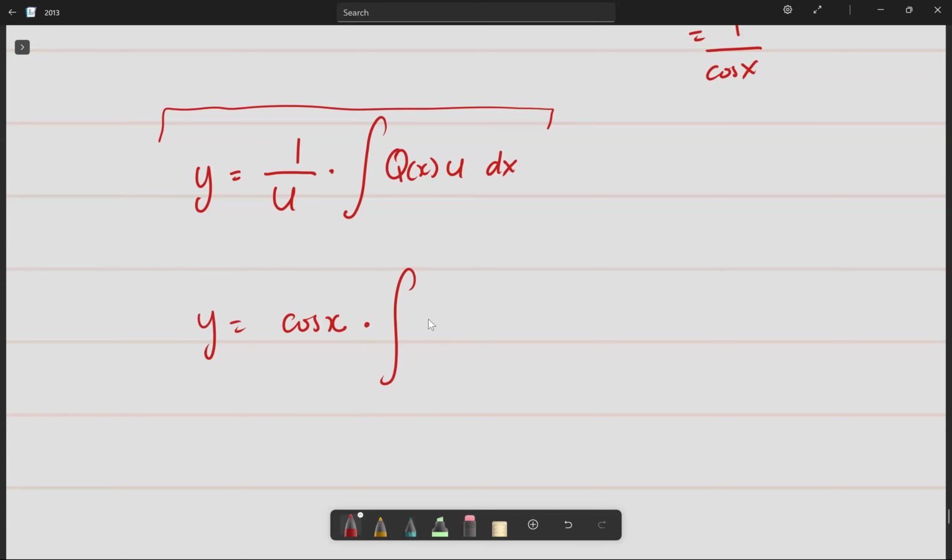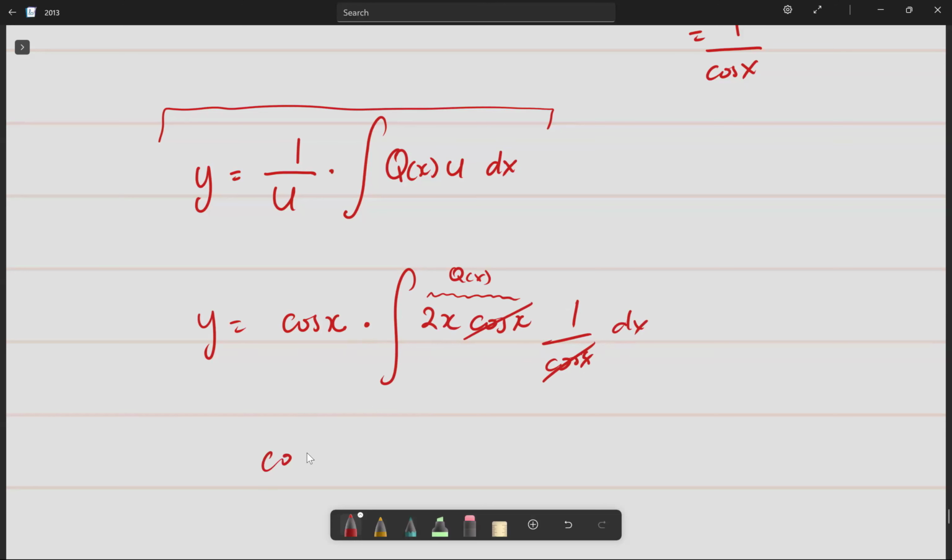multiplied by the integral of 2x cosine of x, which in this case is q, and u is 1 over cosine of x. So this cosine cancels this.